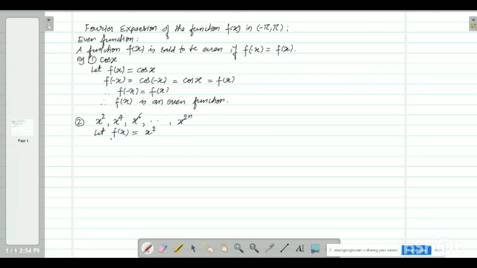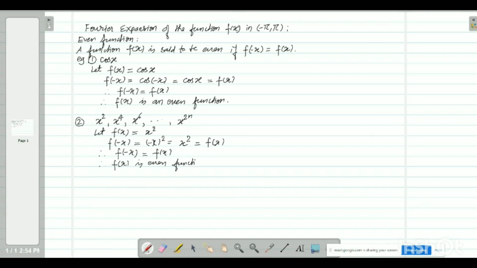Just replace x by minus x. So f of minus x equals minus x the whole square, which is equal to x square. But x square is your function f of x. Therefore f of minus x equals f of x. Hence the function f of x is an even function.